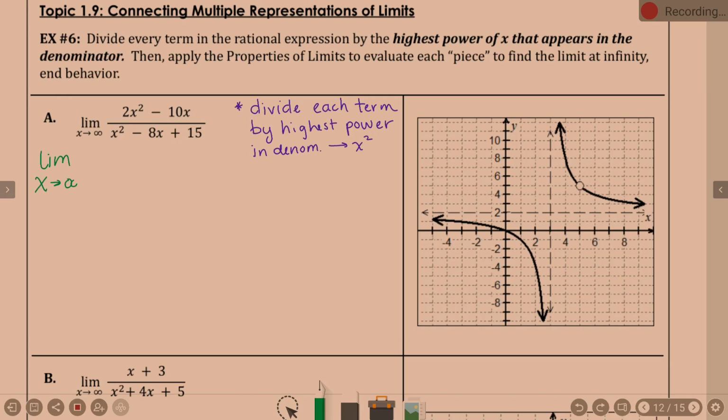The limit as x approaches infinity of 2x squared divided by x squared minus 10x divided by x squared, all over x squared divided by x squared minus 8x divided by x squared plus 15 divided by x squared.